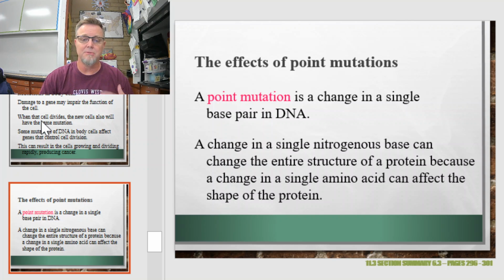So if you change the last base of the 3, the chances of you having a problem with the protein that you're producing is pretty small versus changing the first one in the sequence. And at that point, your chances of having a mistake made in the protein are really, really high.